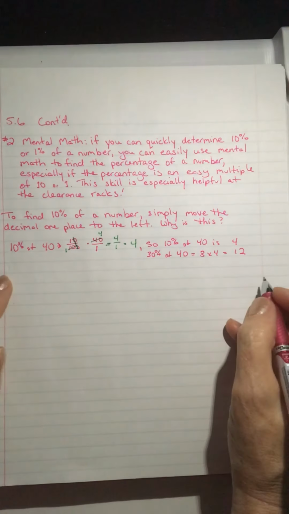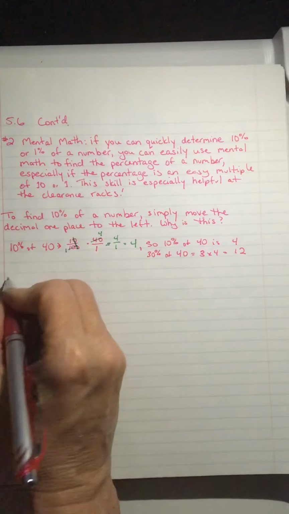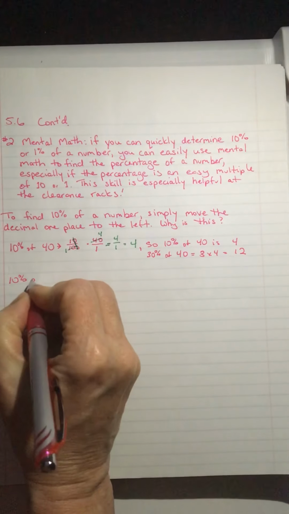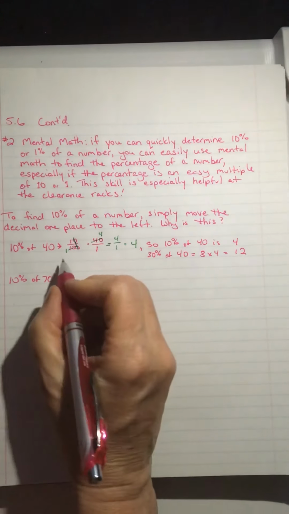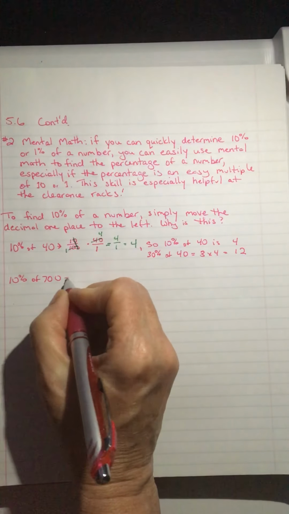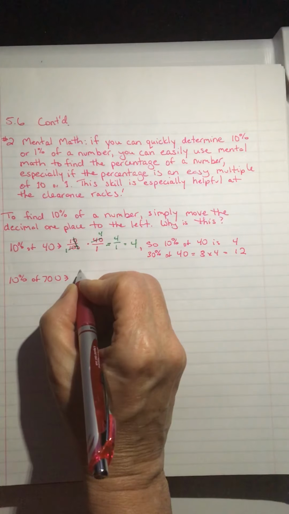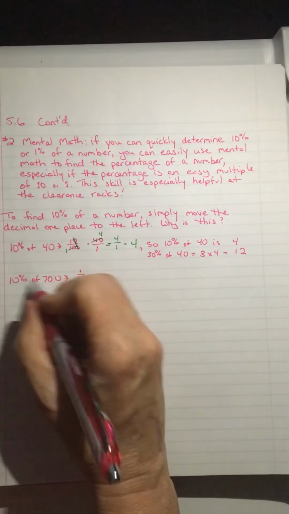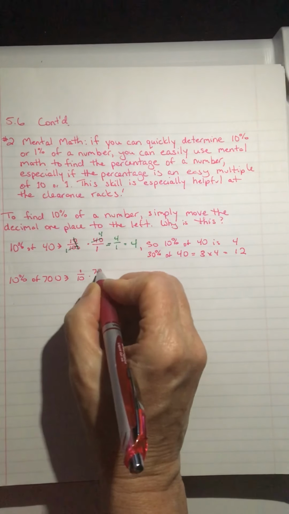Okay. Let's do 10% of 700. We're going to rewrite that as 1/10, the simplified fraction. 10 over 100 simplifies to 1 over 10 times 700.